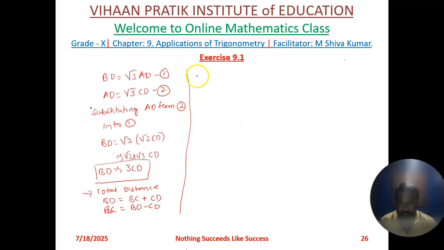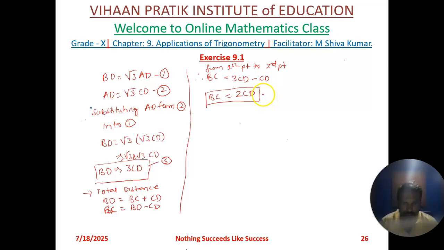Therefore, the distance BC from first point to second point, if we assume this as equation 3, so from 3, BD equals 3 CD minus CD, which will equal 2 CD. So the distance BC equals 2 CD. Let's assume this as 4.